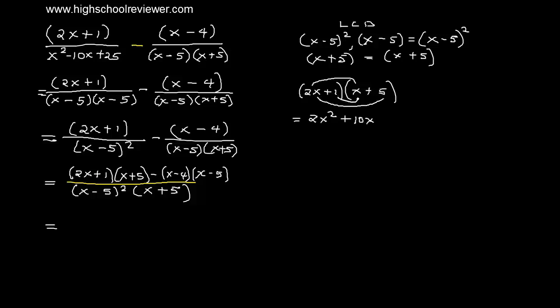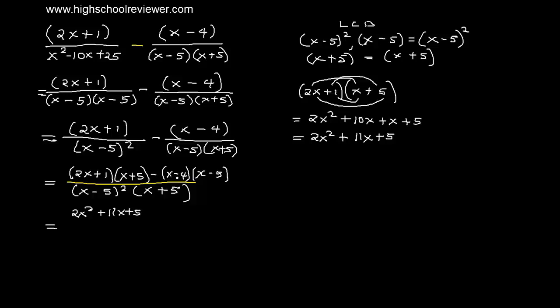And 1 multiplied by x, this will be positive x. And positive 1 multiplied by positive 5, this will be plus 5. And combining like terms, we will have 2x squared plus 10x plus x, that is equal to 11x plus 5. So we have here 2x squared plus 11x plus 5.